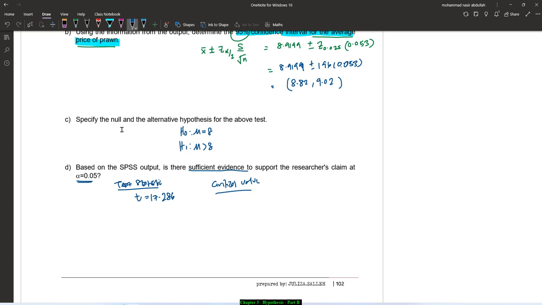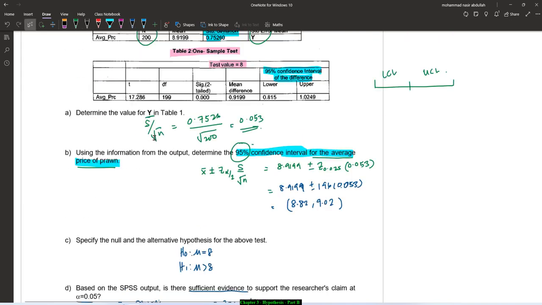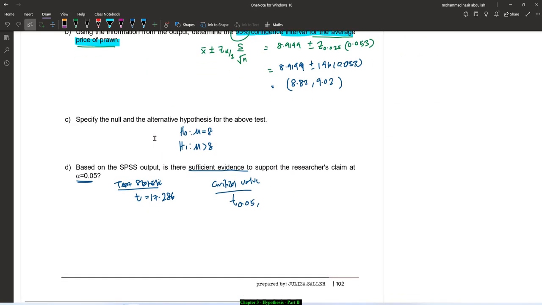So the critical value is t alpha 0.05, n minus 1, where n is 200, so 200 minus 1 is 199. Why 0.05? Because we are looking at a one-sided test, so we don't need to divide by 2.